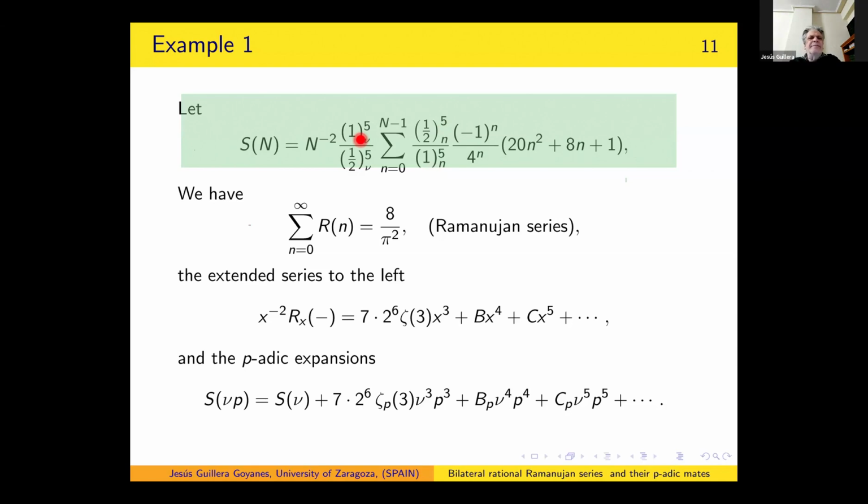the poles are cancelled. This factor is important, and this factor is due because n reaches n.